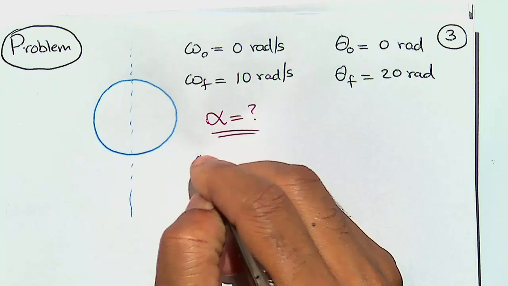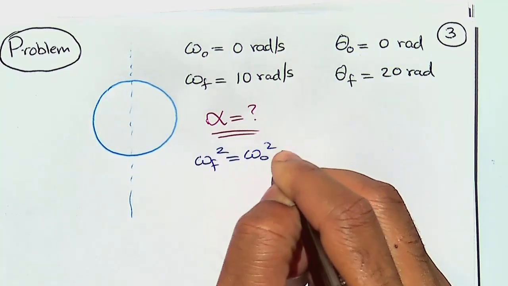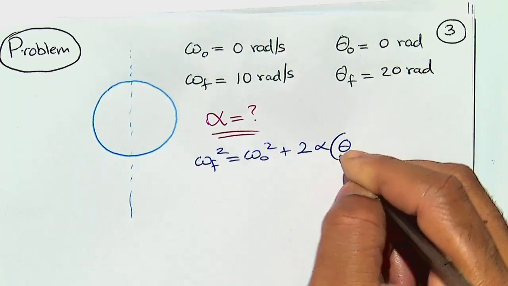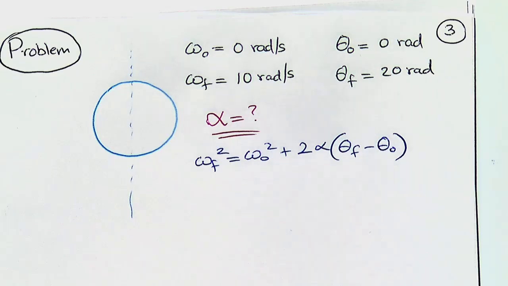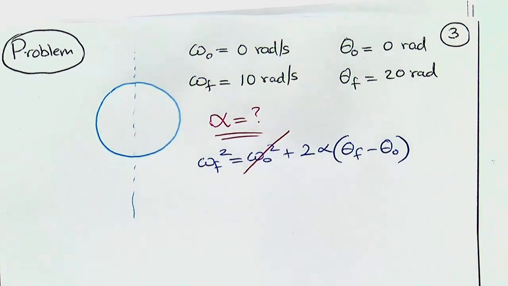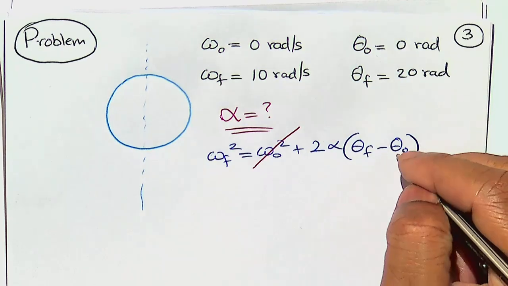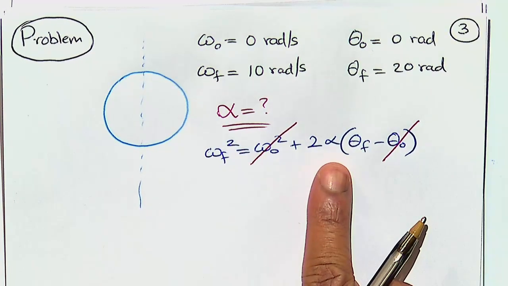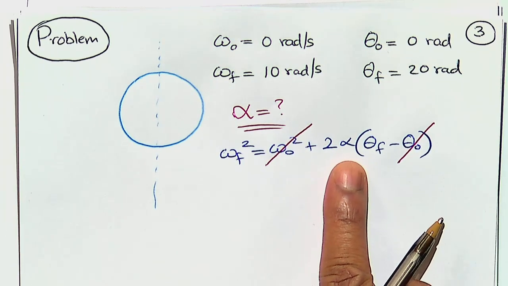We'll take the final velocity squared is equal to the initial velocity squared plus 2 alpha times theta f minus theta naught. The initial velocity we know is 0. The initial position we know is 0. Get rid of those terms. Make sure you solve for alpha first; get in that good habit.